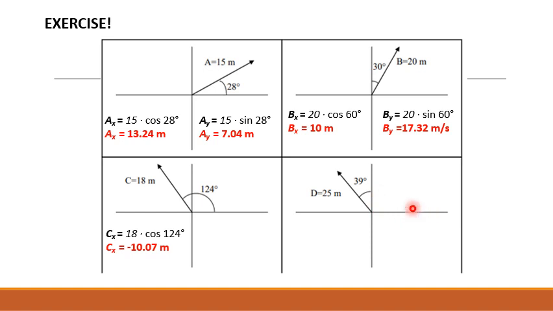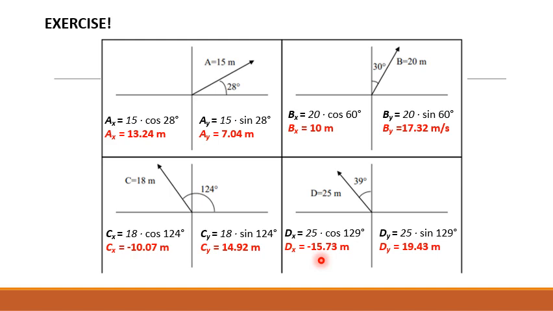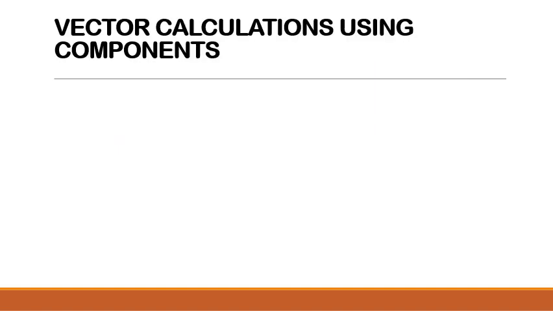So 90 plus 39 is 129 degrees. So 25 times cosine 129 degrees is negative 15.73 meters. And dy, or the y component of this vector, is 25 times sine of 129 degrees. That is 19.43 meters. That's it for the components.